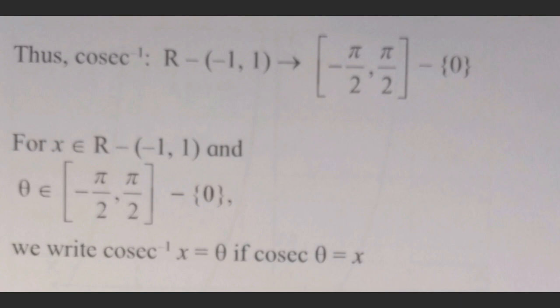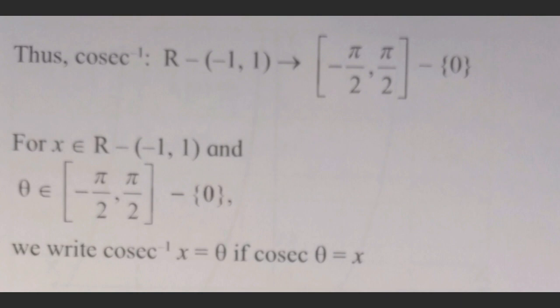Thus we can define the function cosec inverse from R minus open interval minus 1 to 1 to closed interval minus pi by 2 to pi by 2 except 0, where x belongs to the domain R minus open interval minus 1 to 1 and theta belongs to range closed interval minus pi by 2 to pi by 2 minus 0.